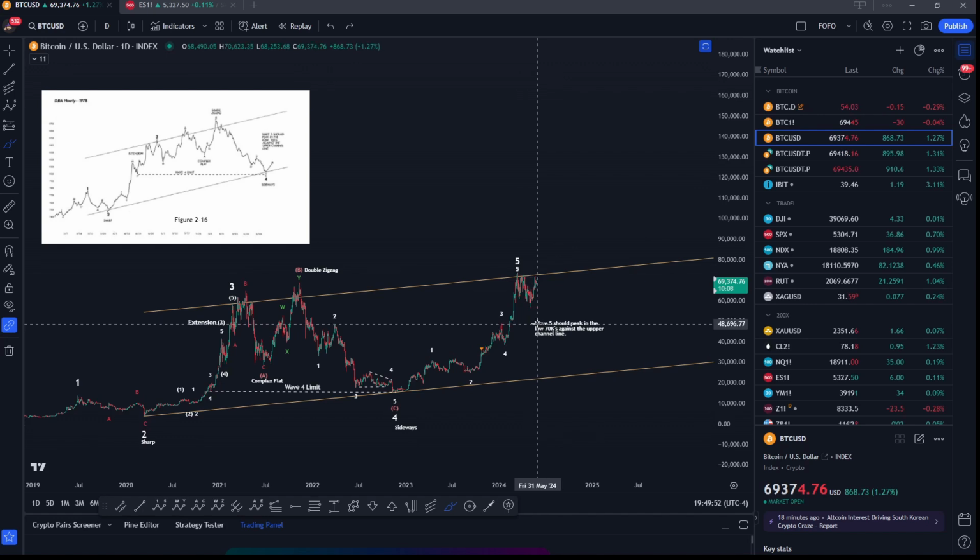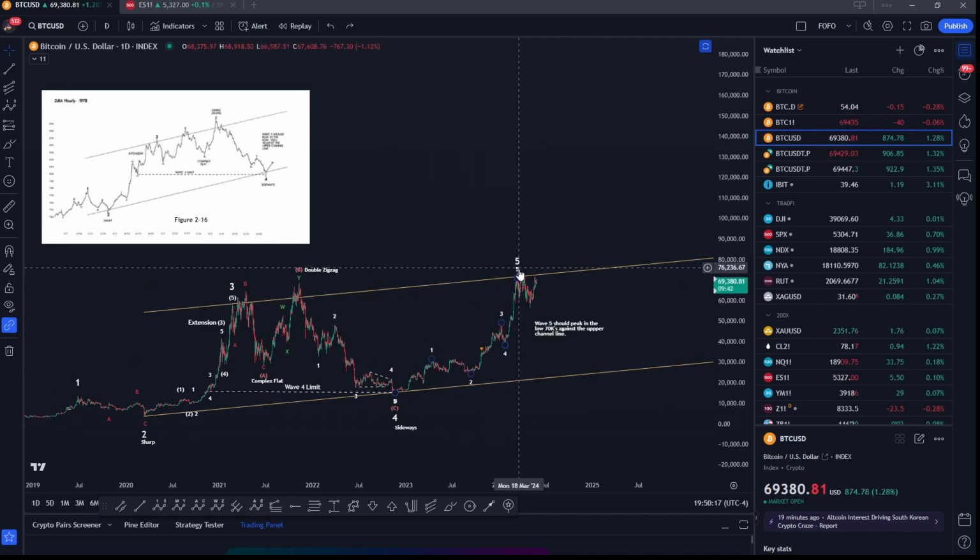It says wave 5 should peak in the low 70Ks against the upper channel line. So I'm saying the same thing, just fitting it to the price of the channel line for Bitcoin. And as you can see, it did exactly that.